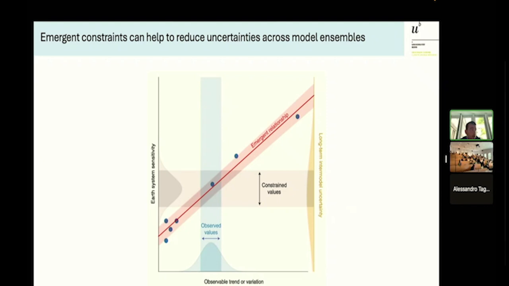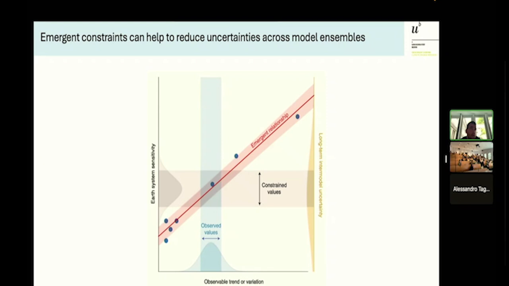A simple example, which I'm going to show soon, is that the denser the surface waters are in the Southern Ocean, the more deep water is created, and the more carbon is taken up by the Southern Ocean from the atmosphere.